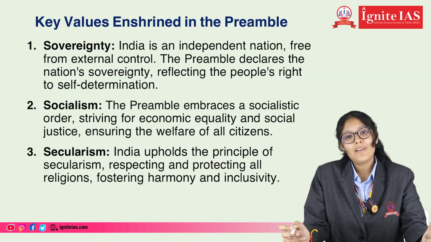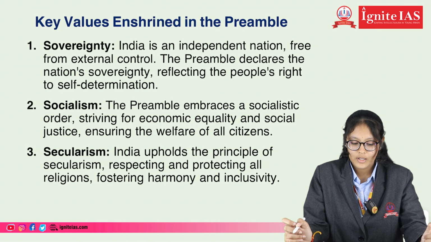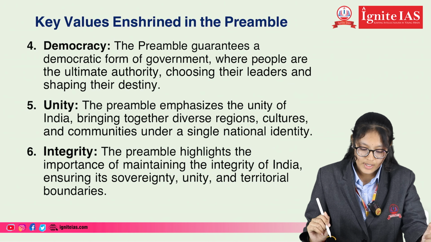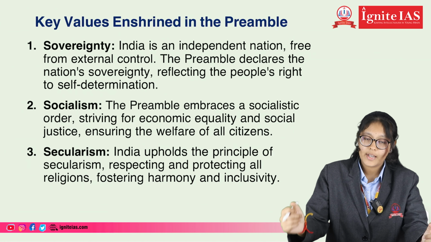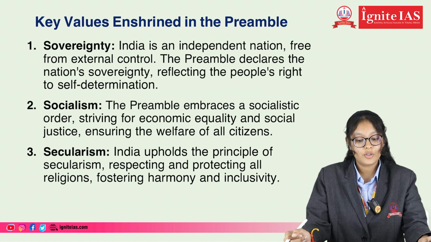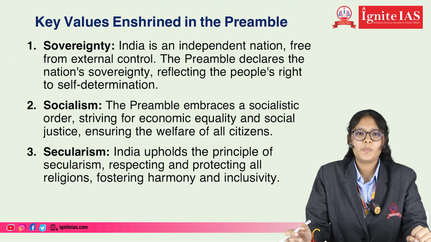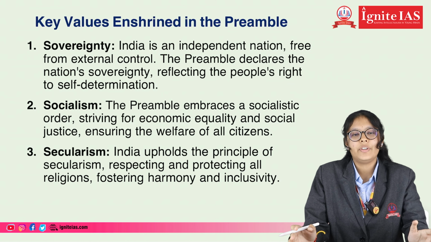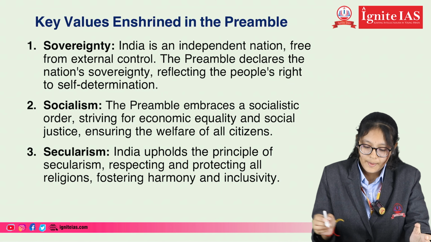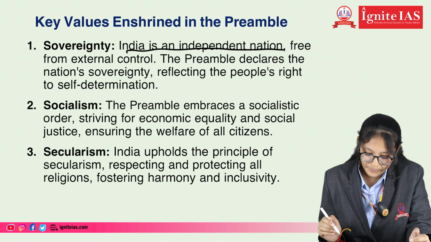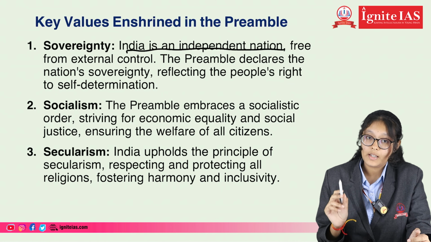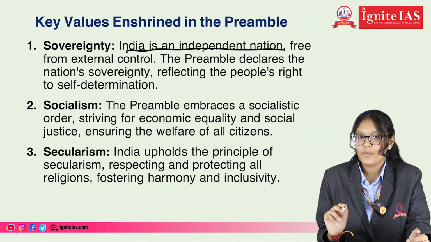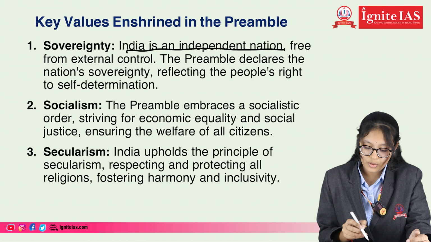Next, what are the key values enshrined in the preamble? There are totally six key values that are enshrined in the preamble. First is sovereignty. That means India is an independent country, which means it can deal with its own internal affairs without any interference of the external powers. And the people of India shape the nation, not any external power. Next is socialism.